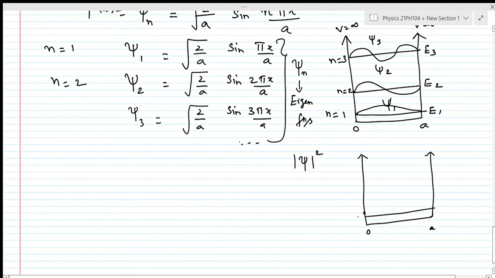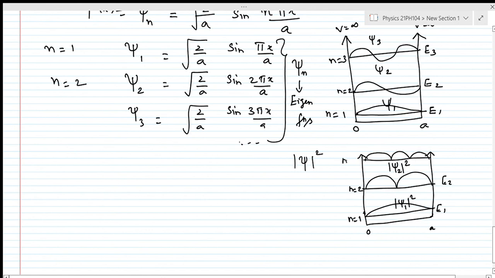When n is equal to 1, E1, you get psi 1 squared. When n is equal to 2, E2, you get mod psi 2 squared, because mod psi squared will have positive values, they will not have any negative values. So this is for n 3. When n is equal to 3, E3, modulus of psi 3 squared. So you get the diagrammatic representation of probability density here.